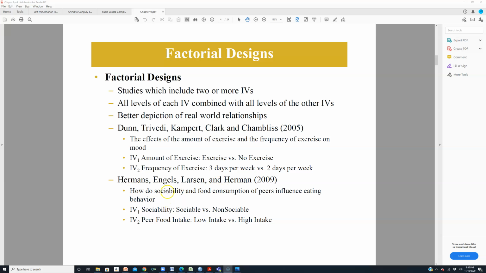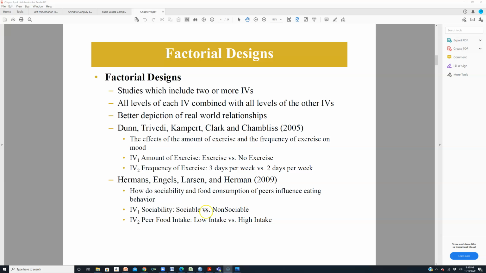Another study is looking at sociability and food consumption. If peers are eating food, does it influence how much food our participants are willing to eat? And does it matter whether they're sociable or not sociable? You can have a sociable peer that is not eating much, and how does that influence how much I eat as the participant?